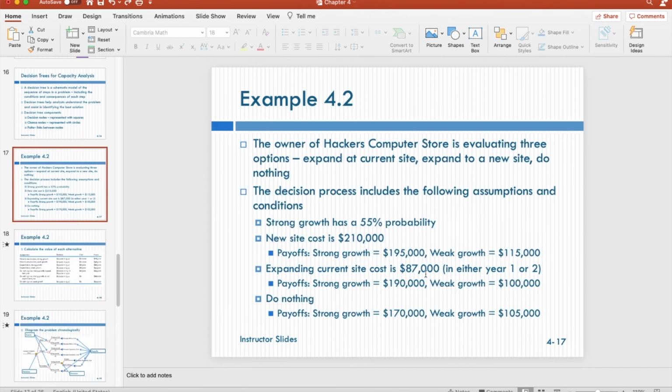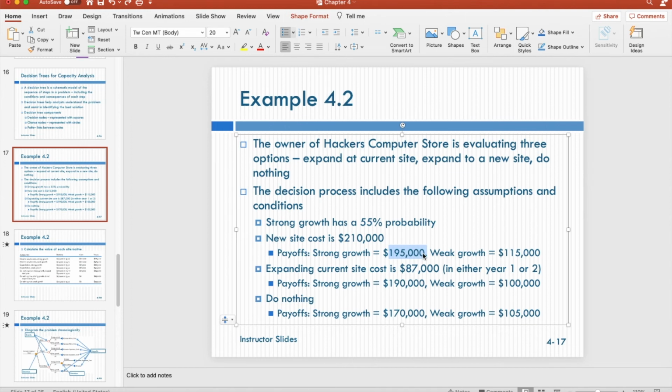When I talk about this context, I say that under strong growth the payoff is $195,000. You can even imagine that for year one you will earn this amount, year two you also earn this amount, and in year three, when you move to a new site with strong growth, you also earn this amount.